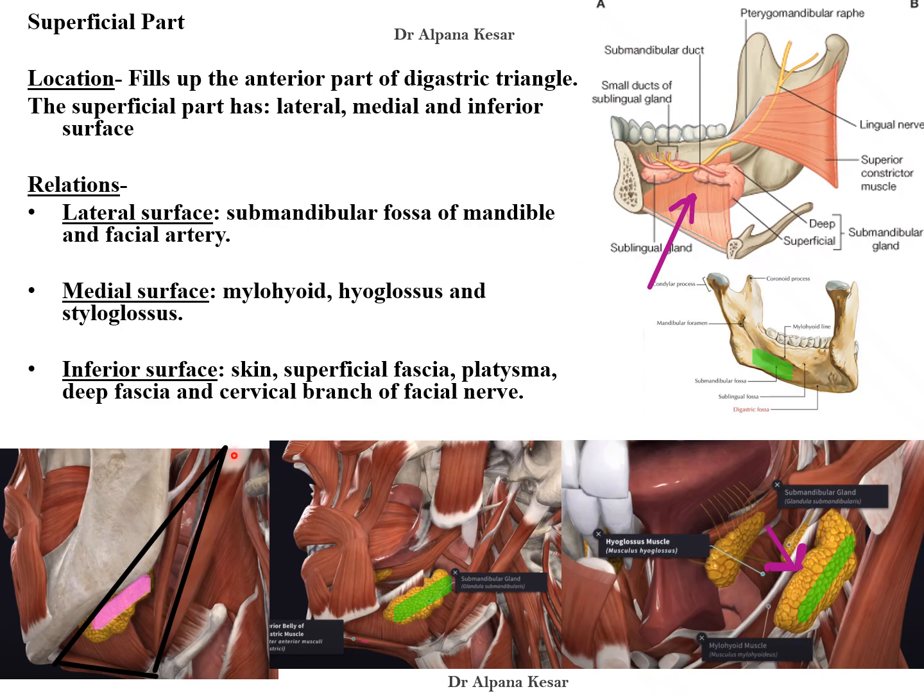The inferior surface of the submandibular salivary gland, which is this, is also called its superficial surface. The superficial surface, or the inferior surface, is related to skin, superficial fascia, platysma muscle, deep fascia, and the cervical branch of the facial nerve.